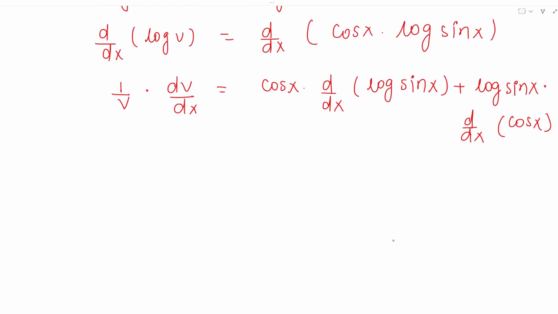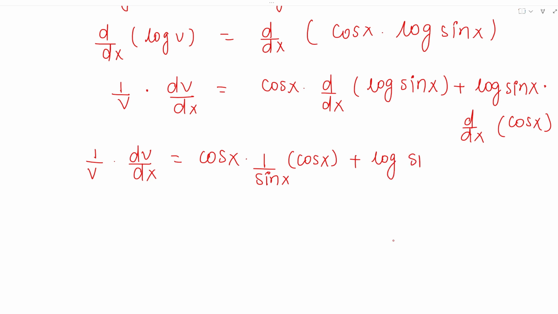Now 1 by v into dv by dx equal to cos x into, differentiation of log sin x is 1 by sin x and derivative of sin x is cos x, plus log sin x. Derivative of cos x is minus sin x.